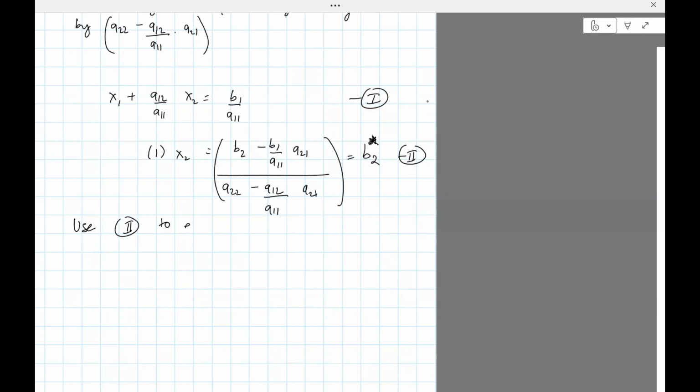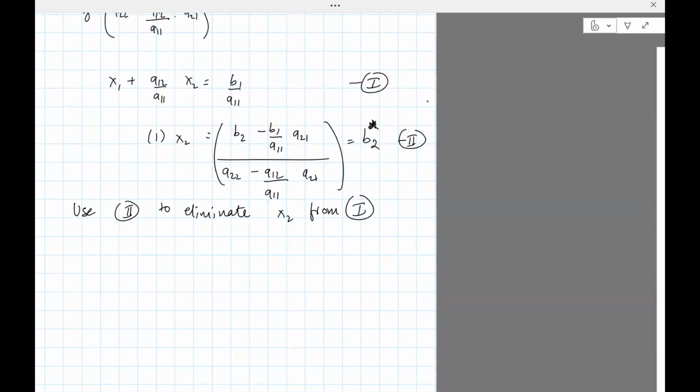But now what you do is, so this is 1, this is 2, use 2 to eliminate x2 from 1. Okay, so if you want to eliminate x2 from 1, what you'll do is you will take 1. The new one would be the old one minus A12 over A11 times 2.